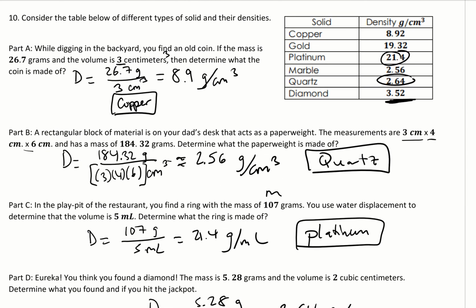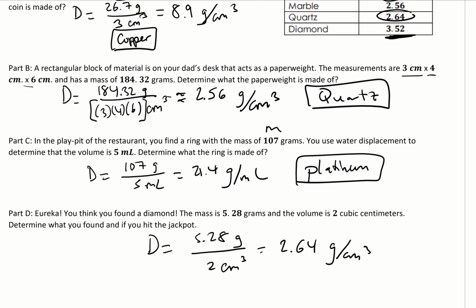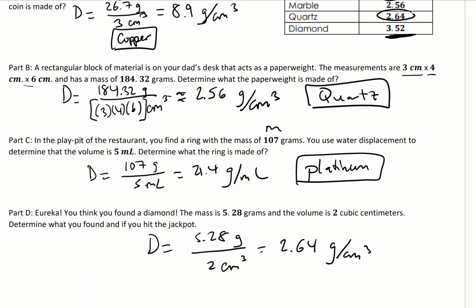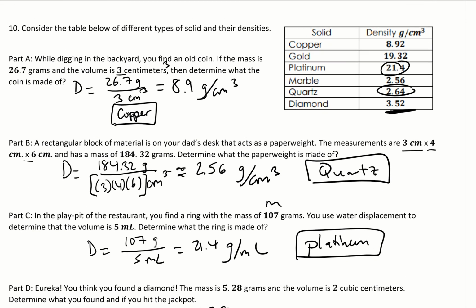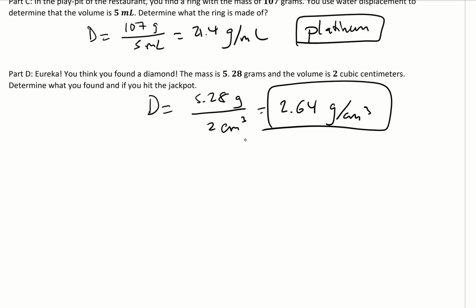Okay, so it looks like this one, the previous block, was actually not quartz. This one was actually marble. Apologize for that. What you actually have is quartz, right? So 2.64 is quartz.